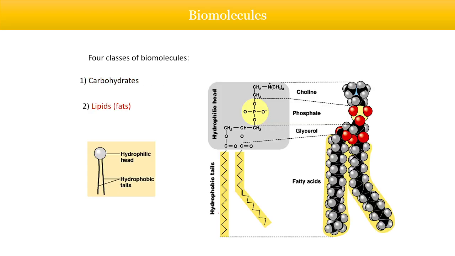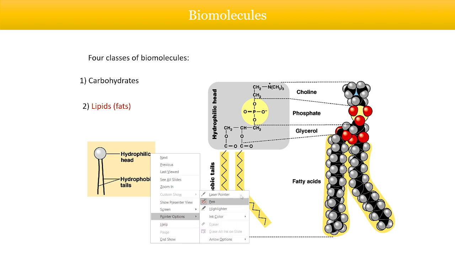The next one is your lipids. We know that the plasma membrane is made up of the protein, lipid, protein bilayer. So we have heard of this lipids term from the plasma membrane, and we know what the components of it are.